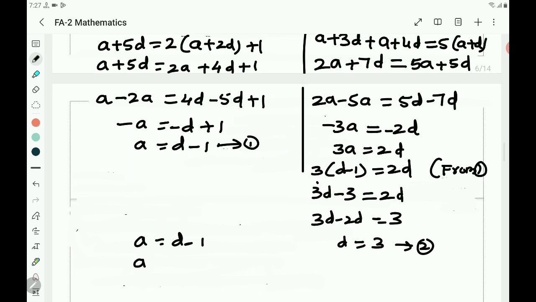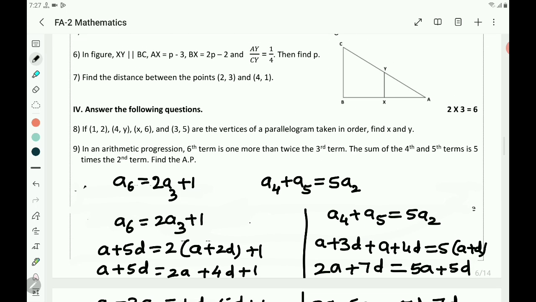Then A equals 3 minus 1, because the D value is 3. 3 minus 1 equals 2. Therefore you got A equals 2 and D equals 3. But here, what do we have to find out? We have to find the AP. The arithmetic progression is to be found.